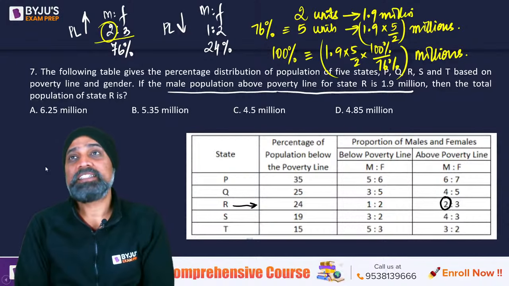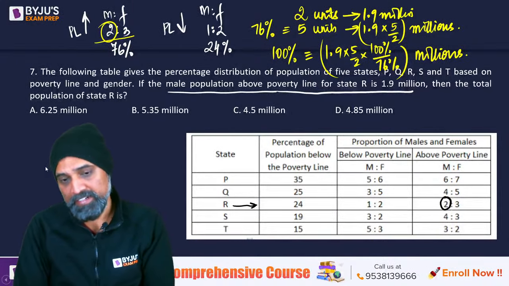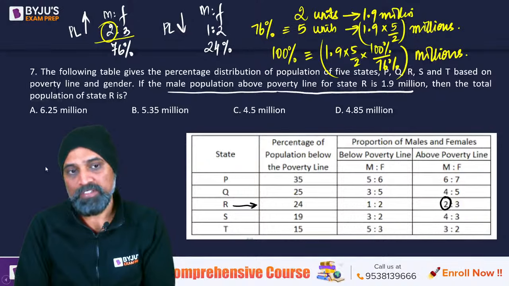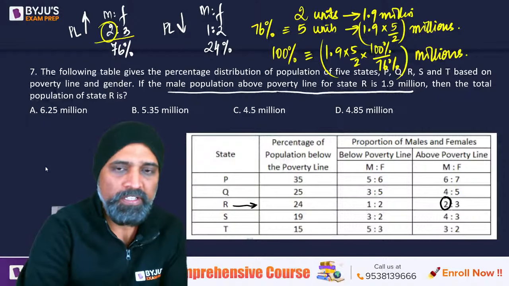So 19 into 3 is 57, and 19 and 76 are related, right? So it will actually cancel out.